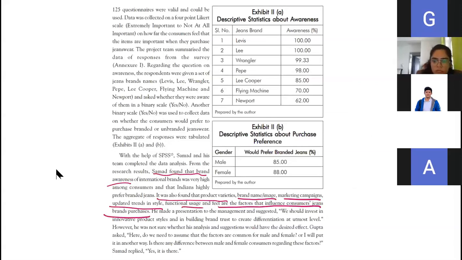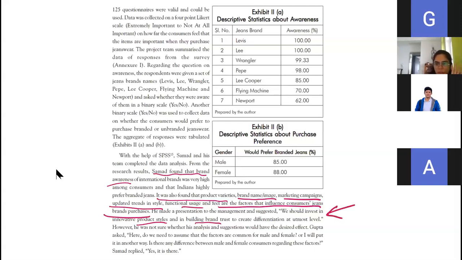Now after that, he made a presentation to the management and suggested we should invest in innovative product styles and building brand trust to create differentiation at utmost level. He was not sure whether his analysis and suggestion would have the desired effect.